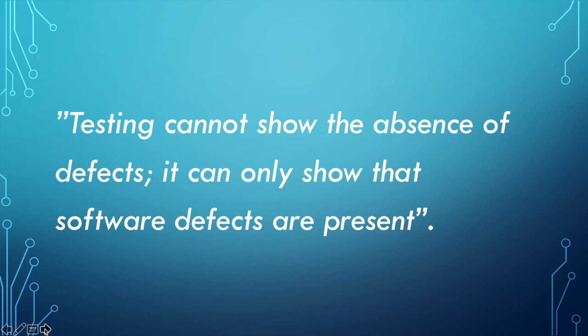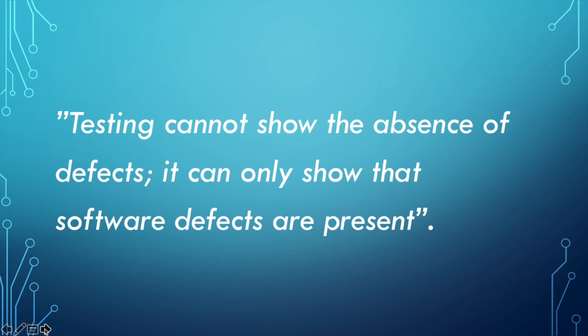Okay. Now, if you choose a test case that has a high probability that it will discover an undetected error, it still doesn't show that the software doesn't have defects. It only shows that the probability it will detect an error is high.